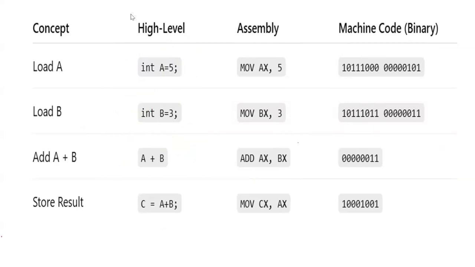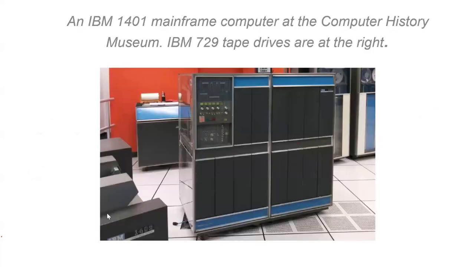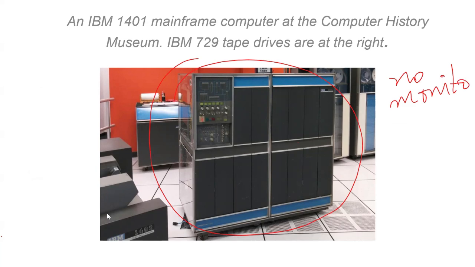As I gave you an example, the IBM 1401 in the second generation computers. I tried to put up a picture from the Museum of Computers. This is the picture of the IBM where there is no monitor. You can see that this is the computer. This entire part over here is the computer, which is put up in the museum. There is no monitor here.